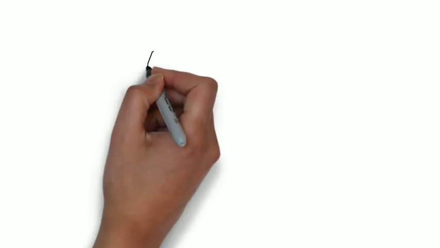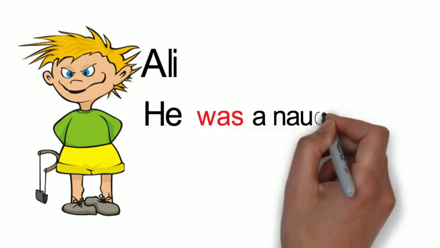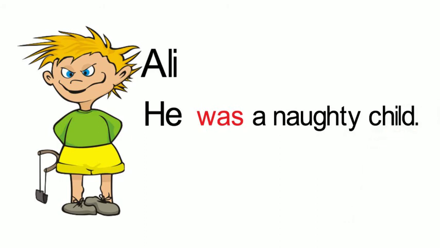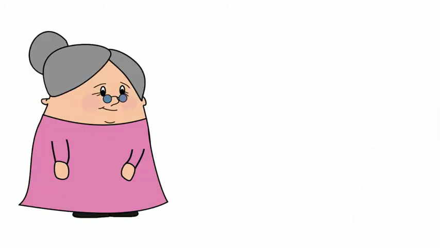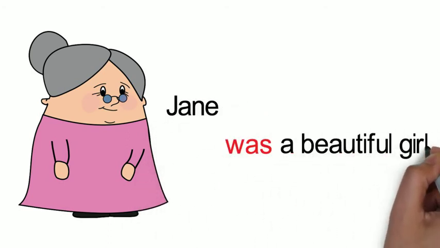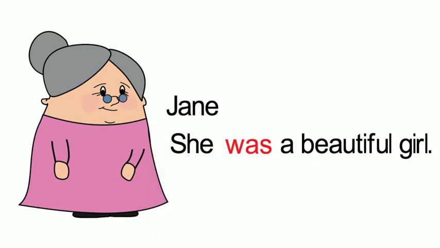Remember, Ali is a he, and the pronoun he agrees with was. So the sentence, Ali was a naughty child, could also be, he was a naughty child. In the sentence, Jane was a beautiful girl, Jane could be changed to she, and she agrees with was.